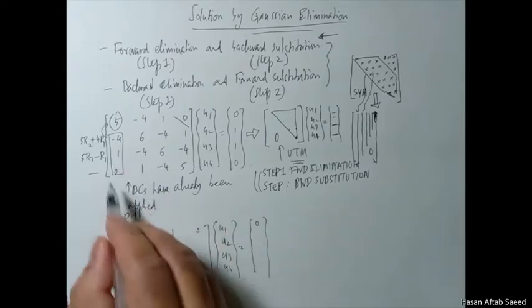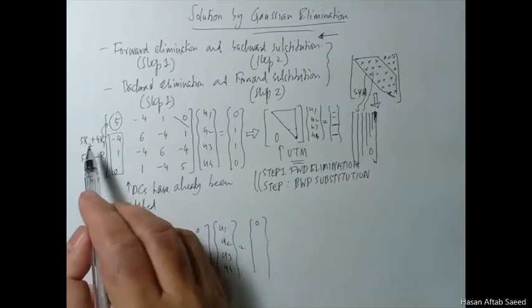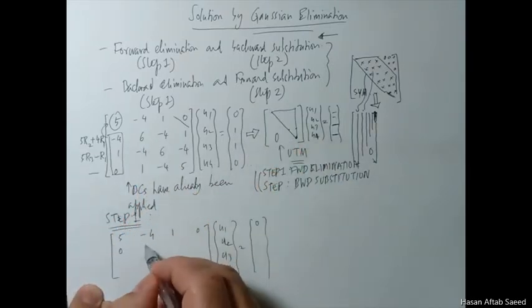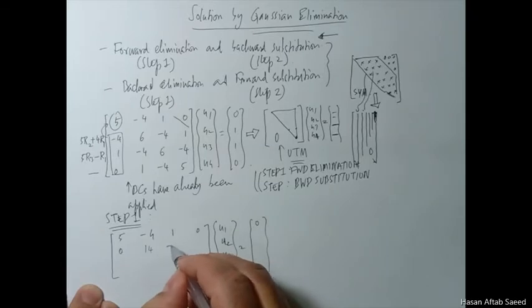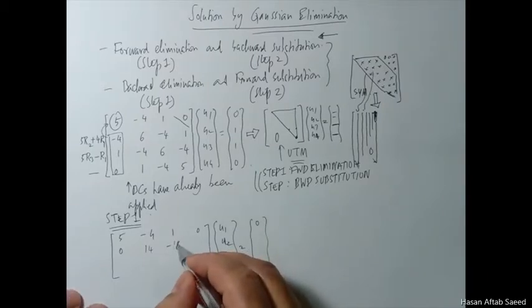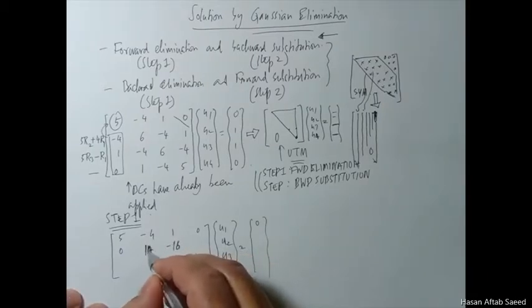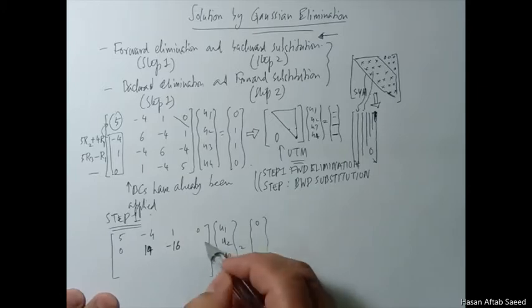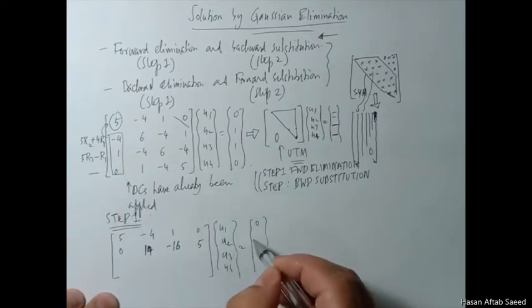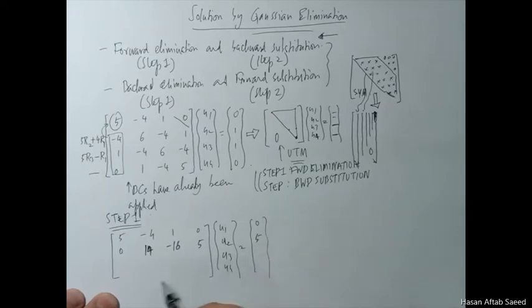But in the second row, this operation makes this 0, and then you have to apply this across the board, including the fourth term. So this turns out to be 0. Please check these calculations, because it's important to see that we are not making any errors here. Minus 14, minus 16, 5 here. And across the board, so this force factor also becomes 5.